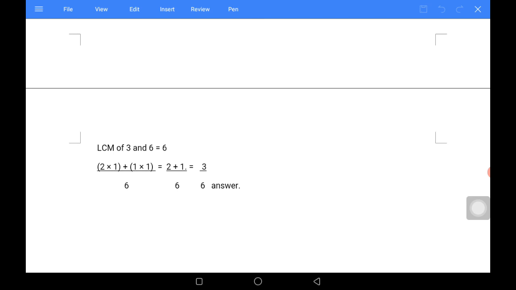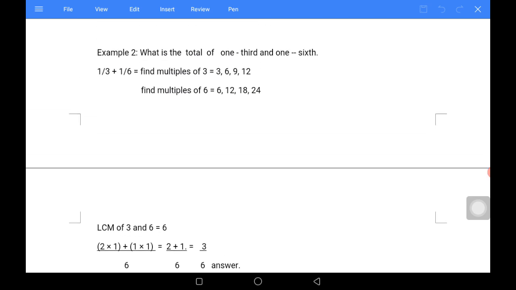After arriving at our LCM, we choose 6 as our denominator, and we will now start adding the fractions together. 3 goes in 6 how many times? 2. You multiply this 2 times 1, that is the numerator on top of the 3. Plus, 6 goes in 6 how many times? 1.